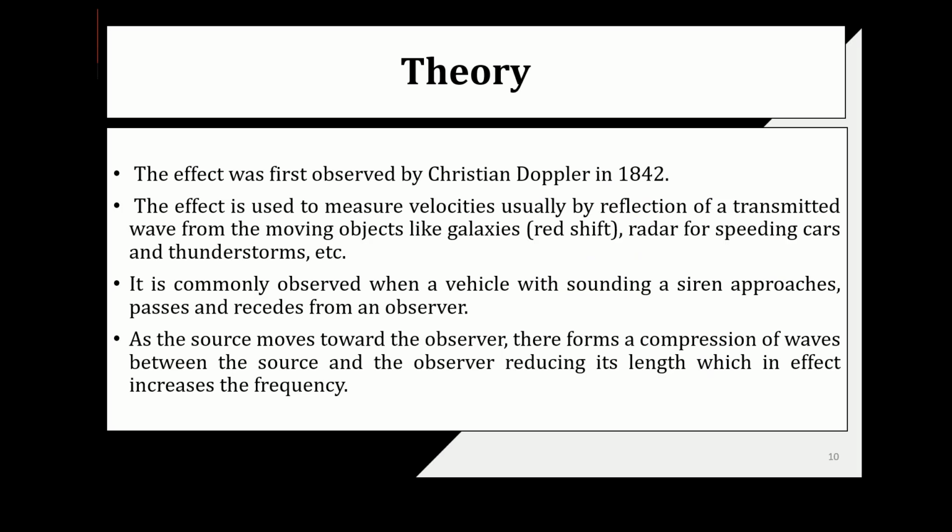Who first observed the Doppler effect? It was observed by Christian Doppler in 1842, firstly for sound waves. It has also been used for moving objects like galaxies, because waves are coming from them.